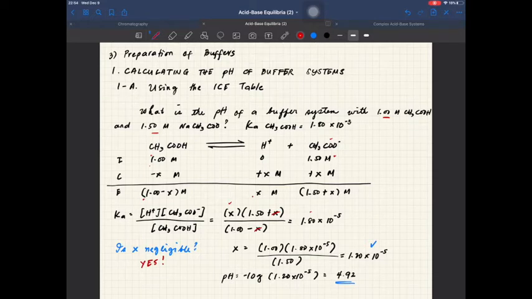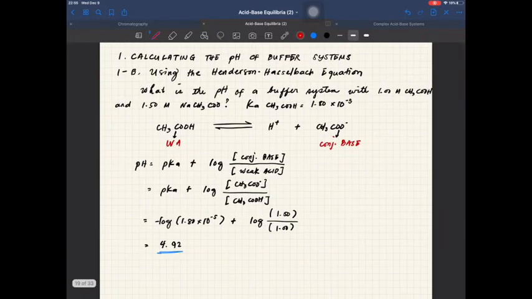We have calculated this before, and we have found out that x is indeed negligible if our initial concentration is 1. Finally, we can get the value of x, and the value is calculated to be 1.20 times 10 to the negative 5. Getting the negative logarithm of this, because this is the hydrogen ion concentration, we get a value of 4.92.